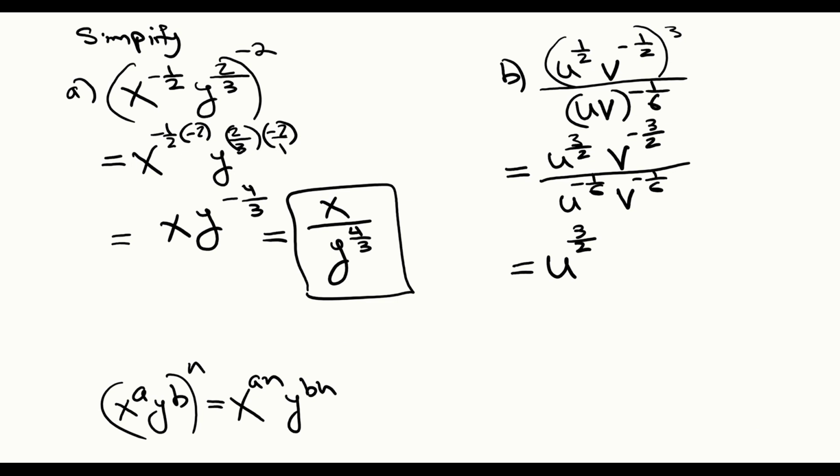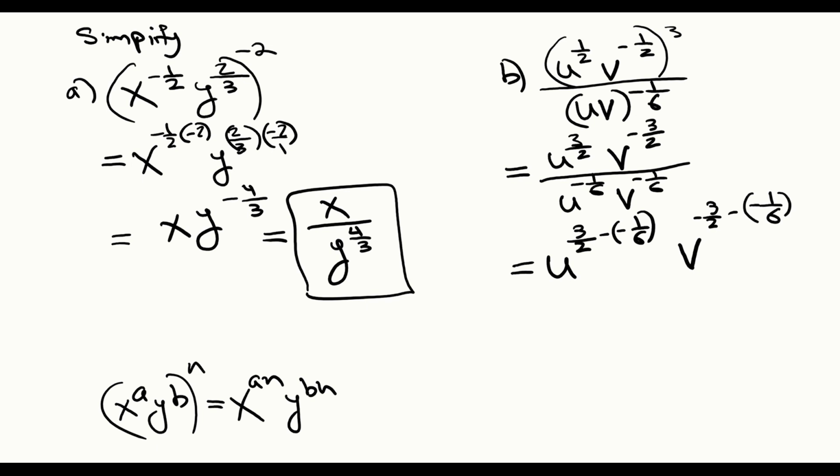Now be very careful here. It's u to the whatever the exponent on the top is minus whatever the exponent on the denominator power is. So it's going to be u minus -1/6. And then v, in a similar manner, is going to be to the power of -3/2 minus, again, -1/6.